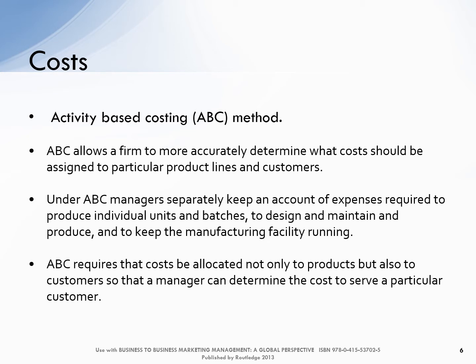Under ABC, managers separately keep an account of expenses required to produce individual units and batches, to design and maintain and produce, and to keep manufacturing facility running. ABC requires that cost be allocated not only to product but also to customers so that a manager can determine the cost to serve a particular customer.